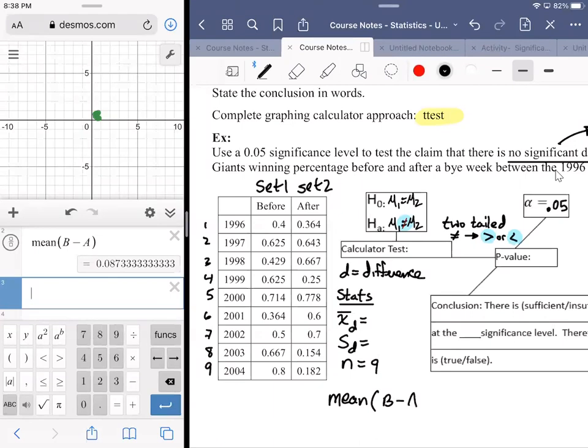Then we're going to do the same thing with standard deviation, also B minus A. You're going to round the numbers appropriately, 3 significant digits, so in this case 0.0873.